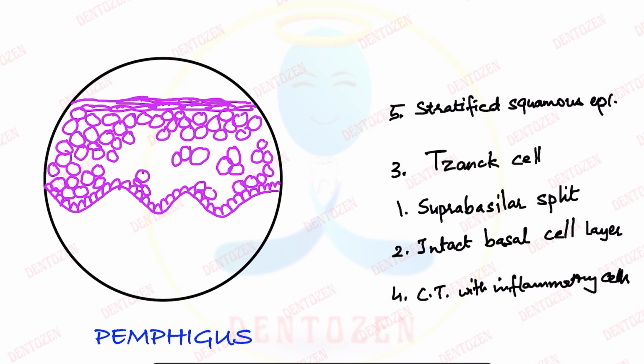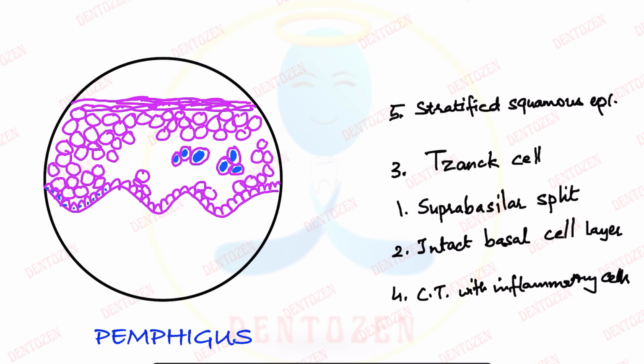Let's see these Zank cells. These Zank cells have enlarged nucleus. Like this. They become enlarged cells, and we can fill the nucleus and the remaining cells.